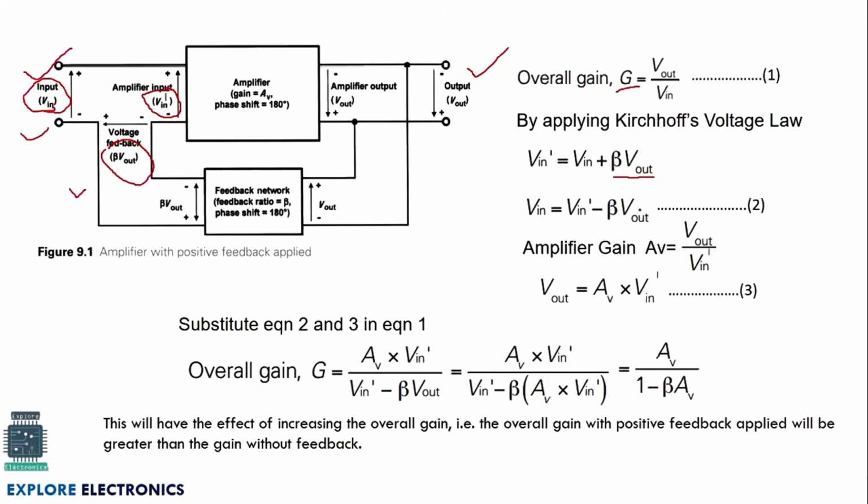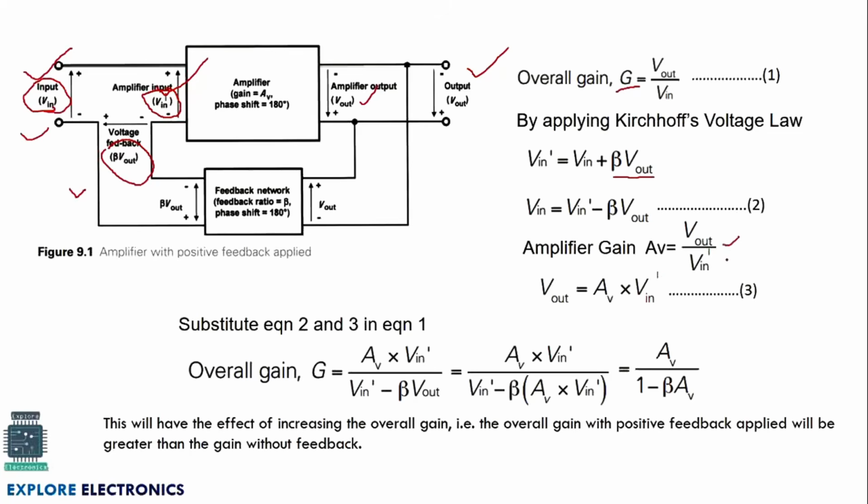And we know that for the amplifier alone without a feedback network, the gain is AV, which is V out divided by V in dash, the input coming to the amplifier. So we can write V out as AV into V in dash.